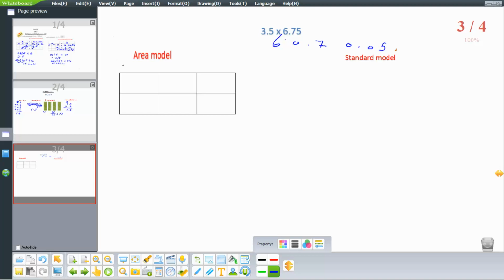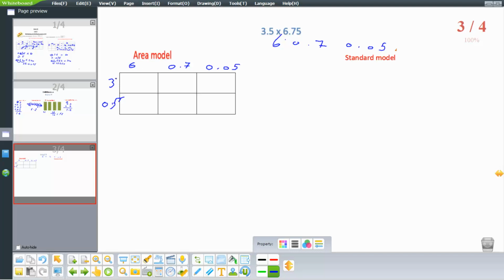We must put the values or the places. So it will be 6, and here 0.7, and here 0.05. And 3.5, if I want to decompose, it will be 3 and 0.5.